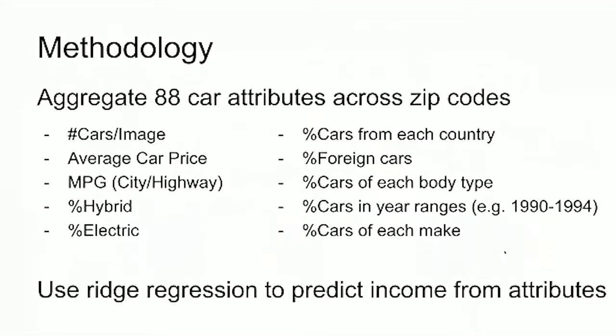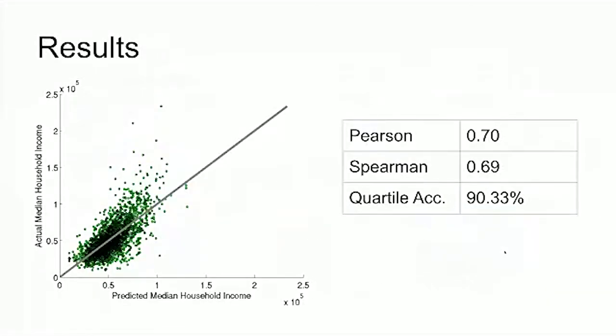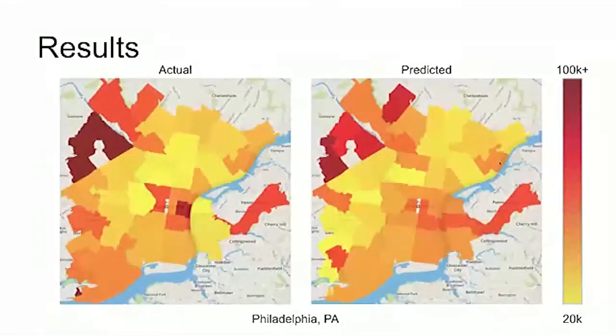So we trained a model to predict income from the attributes of the cars for each region. And so here are our results. Here is our predicted median household income, and here is the actual median household income, and we have a correlation of about 0.7. Here's an example in Philadelphia where this is the actual median household income, and this is the predicted one according to us.